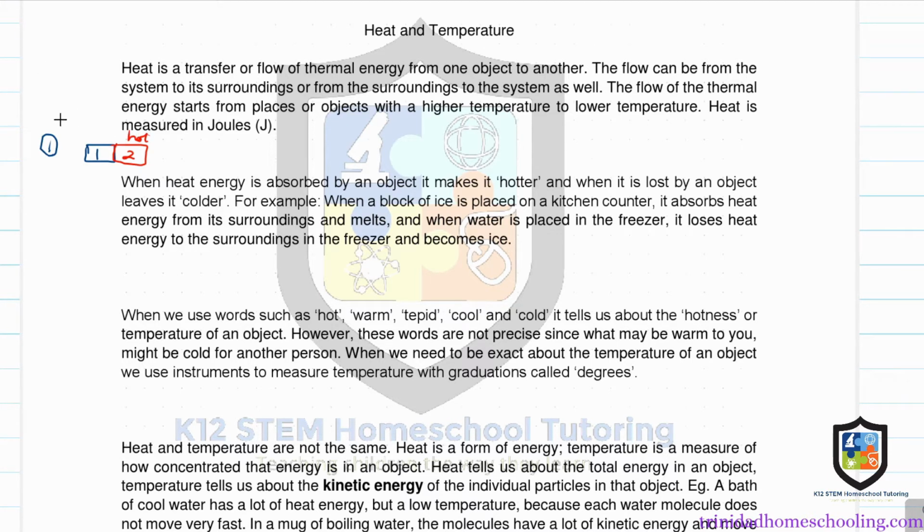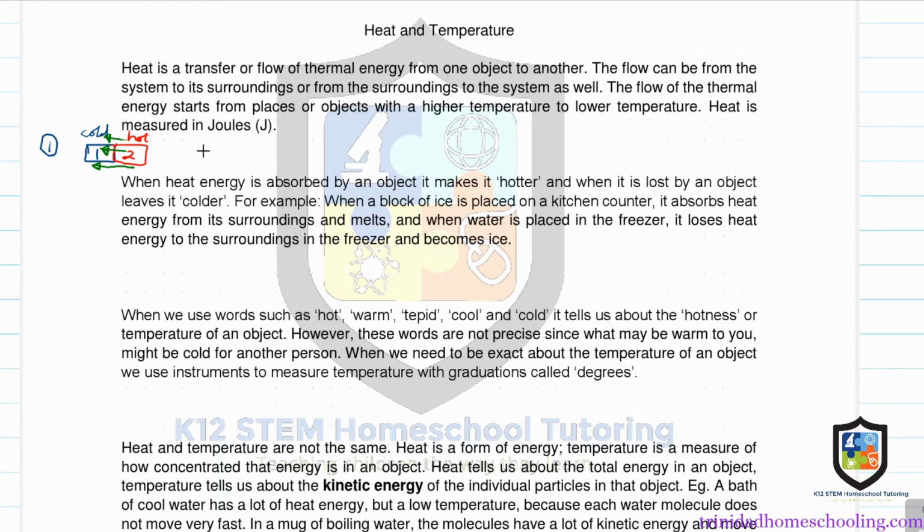And this one here is colder. What we are saying is that the heat or the thermal energy is going to move from the hot object to the colder object. So it will move that way. The heat will move that way, from the hot to the cold. And this is when we have two bodies. Okay, one object to another.